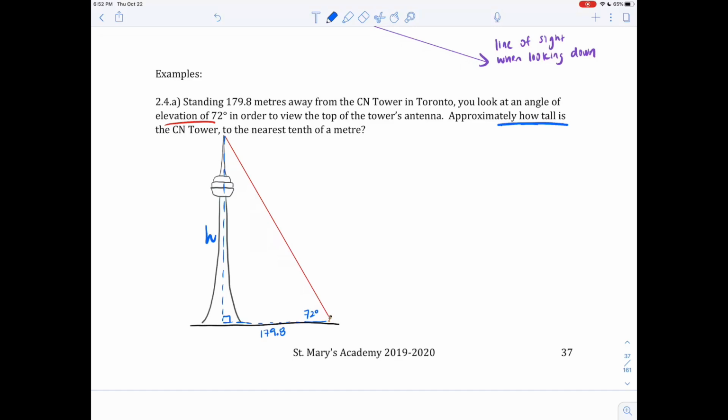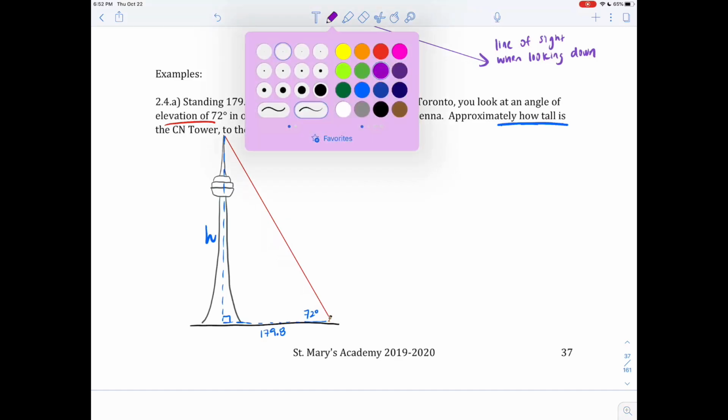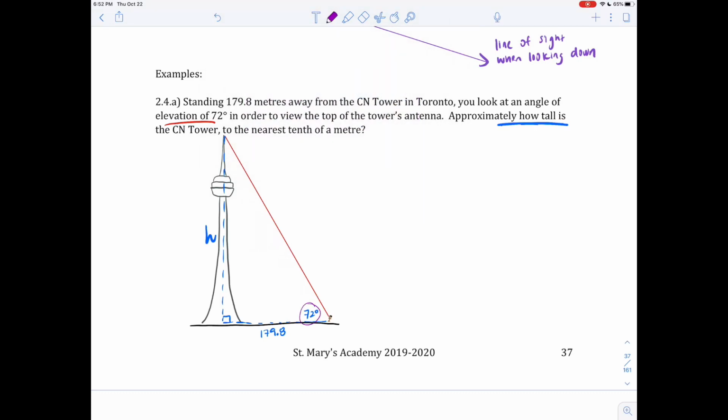With my angle of 72 degrees, I can go through the process of noting what each side length is supposed to be. So for that angle, this is my opposite, and this other one is my adjacent. It's not necessary to write that, but if it helps you, go for it. And then we can just tackle this thing.